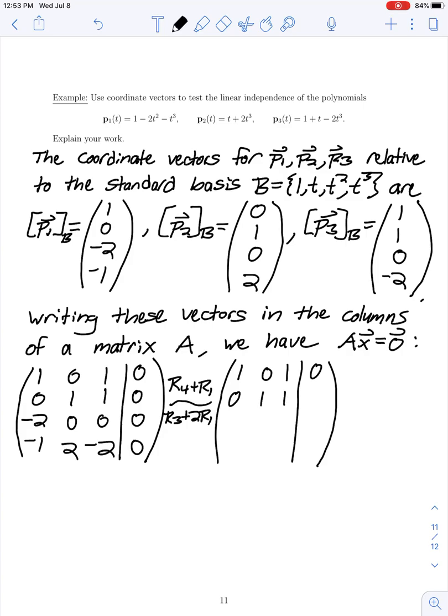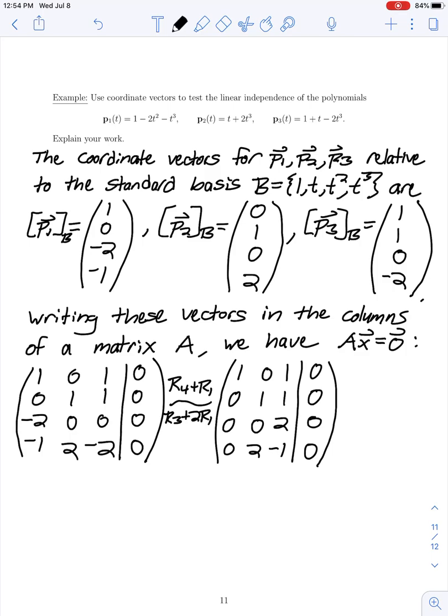Our second row, I'm going to leave alone: 0, 1, 1, 0. Now for our third row, we will have 0, 0, 2, 0. And our fourth row, performing this operation, we have 0, 2, negative 1, 0.